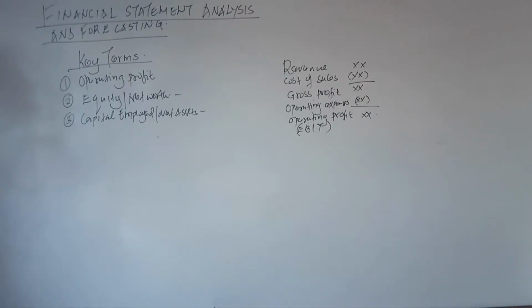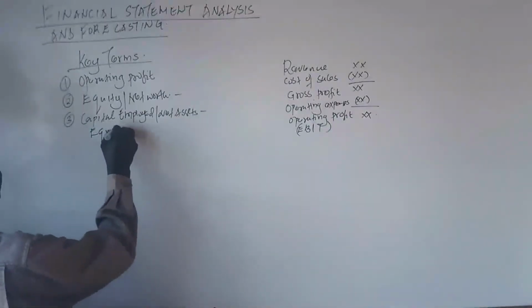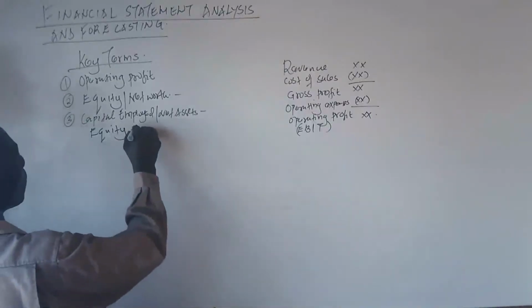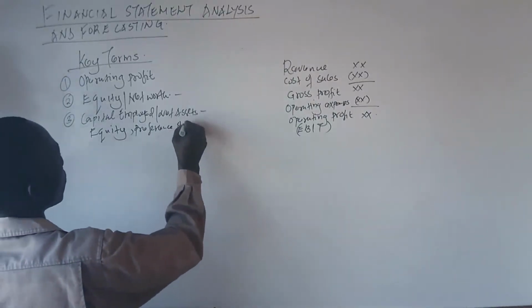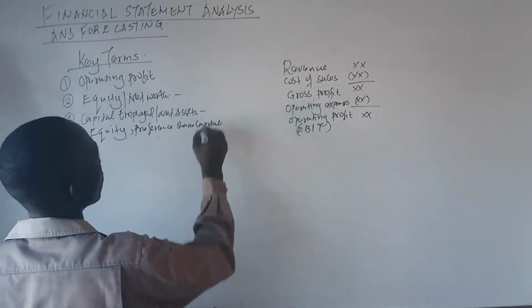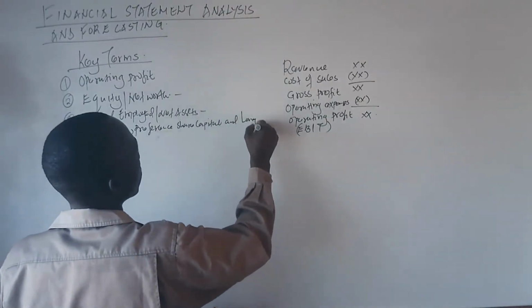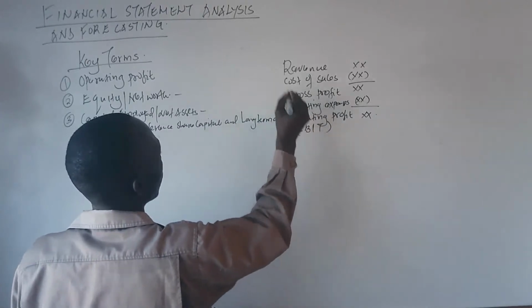That is what we refer to as capital employed or net assets. On the right-hand side, it represents equity plus preference share capital plus long-term debt.